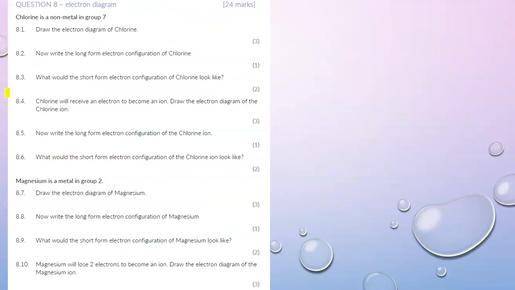Now, question 8 is just more practice in drawing the electron diagram, writing the long form of the electron configuration, and then the short form. They ask: chlorine will receive an electron to become an ion. Draw the electron diagram of chlorine, then write the long form and the short form again.